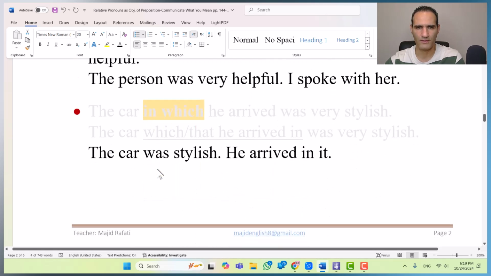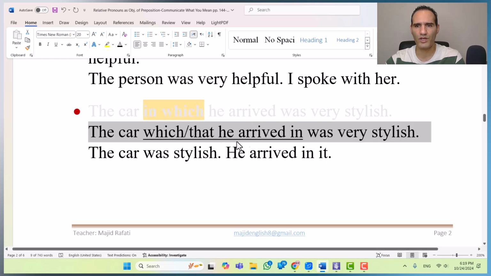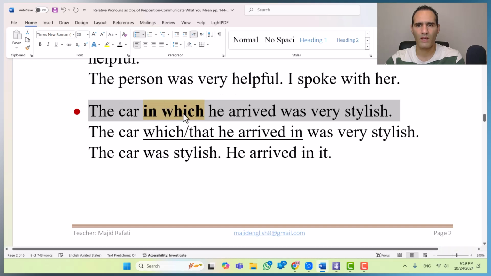Relative clause. Here, this one, the car was stylish. He arrived in it. Arrive in. So, arrive in, adjective clause for car. It should go after the word car. The car which he arrived in was very stylish. Or, bringing in before which, the car in which he arrived was very stylish.